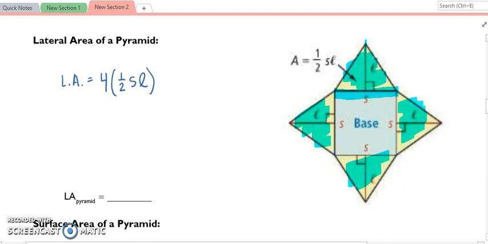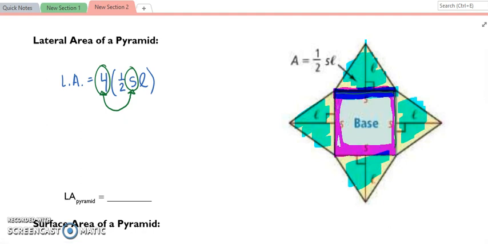Now, this actually works out really well because that 4 and that S, if I take 1S, 2S, 3S, 4S, 4 S's just make the perimeter of that base. So your quick formula for finding the lateral area of a pyramid is 1/2 the perimeter times the side height. So that'll give you your lateral area instead of finding the area of each triangle separately.